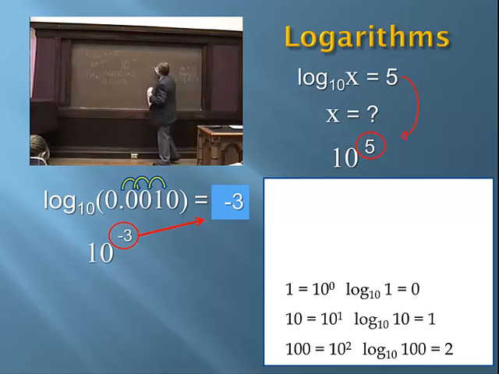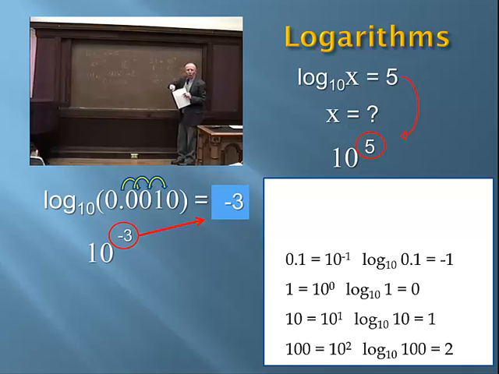Now let's go backwards. 0.1, or 1/10, is equal to 10 to the minus 1. What's the logarithm of 0.1? The logarithm of 0.1 is minus 1. Do you see a pattern here?